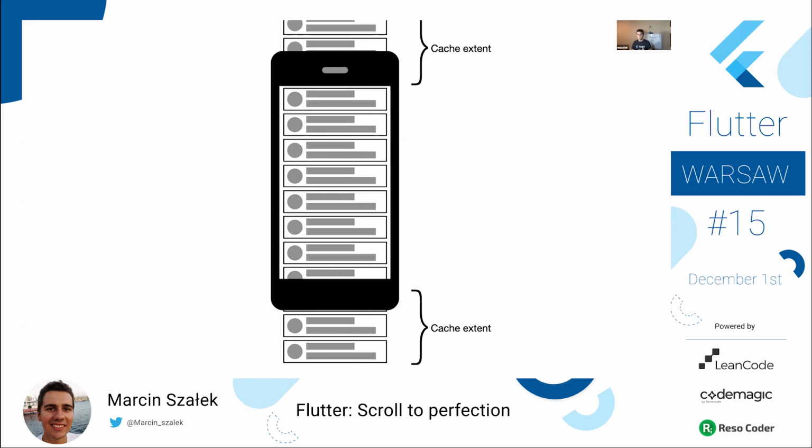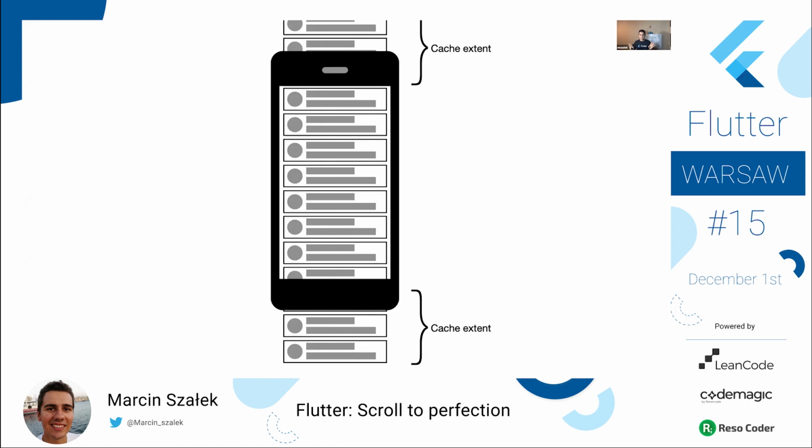However, it also means that your widget can be rendered even before it became visible to the user. The animation can even start and finish just below the screen of the user, so he will never see it. There is a temptation, because the cache extent is a parameter in the ListView, and what you theoretically could do is say, hey, by default it's 250, I believe, and you could set it to 0.